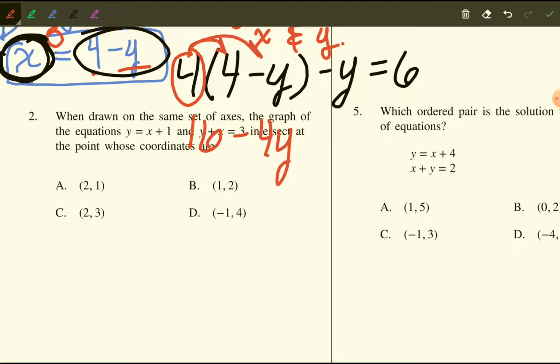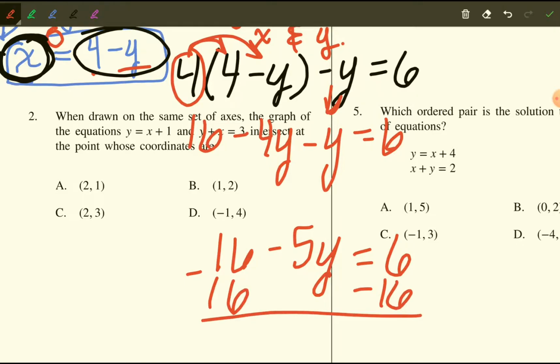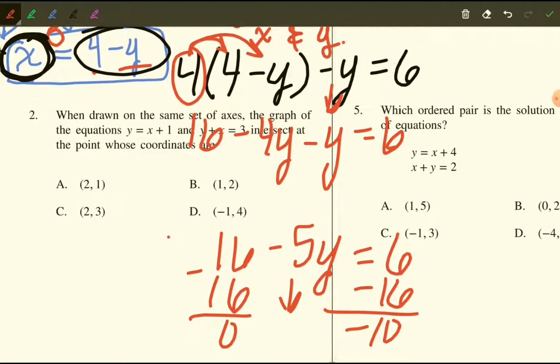That's 16. That's negative 4y. And then that just drops. Minus y equals 6. And now I'm going to solve for y. So that's actually 16 minus 5y equals 6. Minus 16, minus 16. So that's 0, that drops, and that's negative 10.